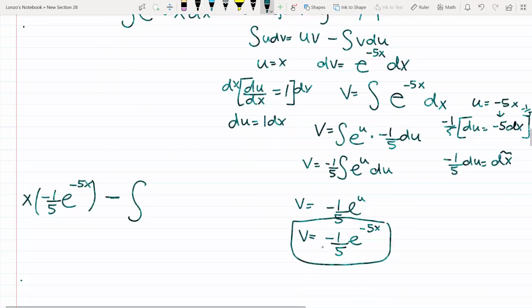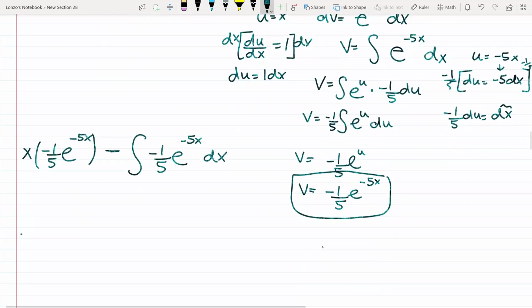So my v is negative 1/5 e to the negative 5x. And then my du is dx. Okay, so over here, x times negative 1/5, you can kind of simplify it. That could be simplified as negative 1/5 x e to the negative 5x.